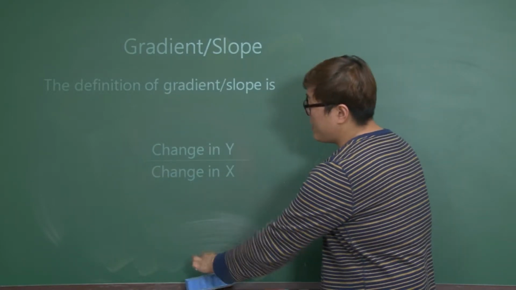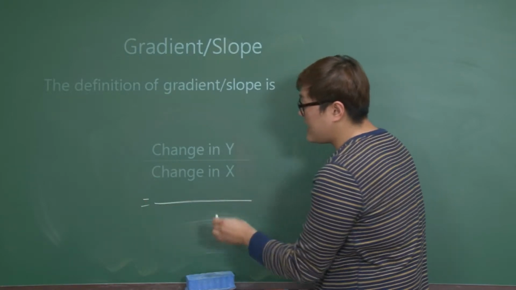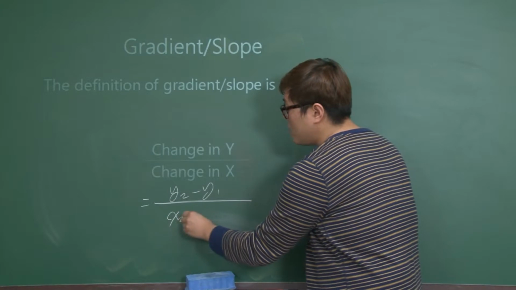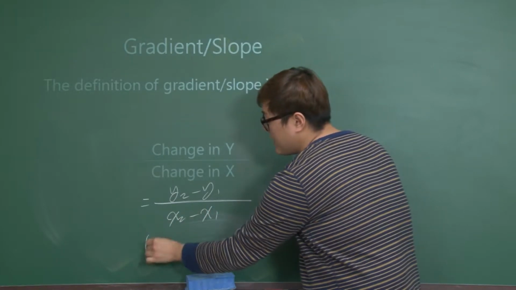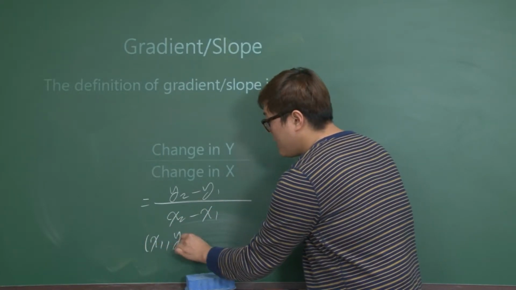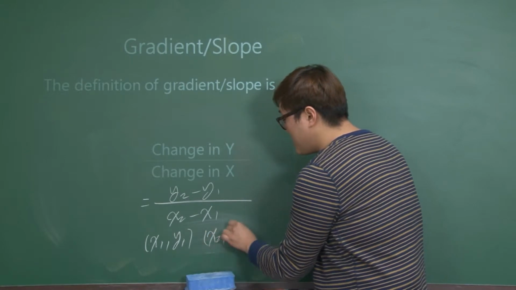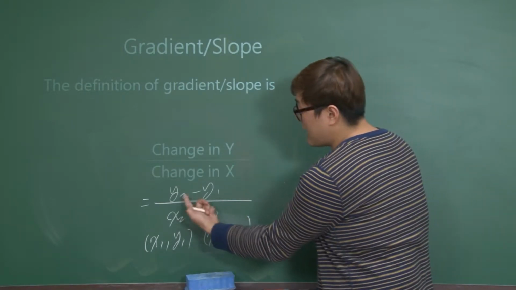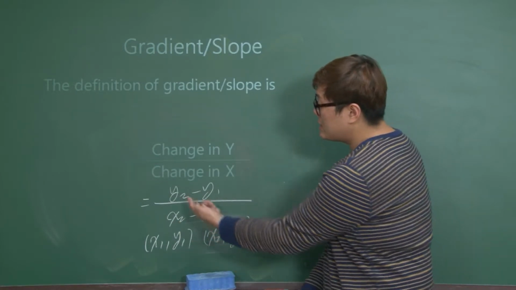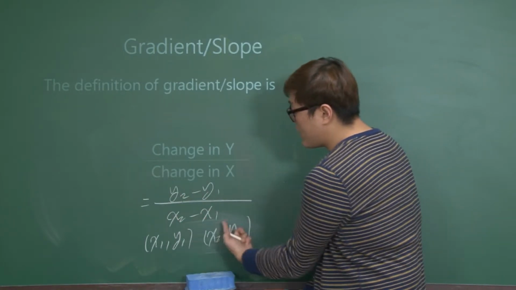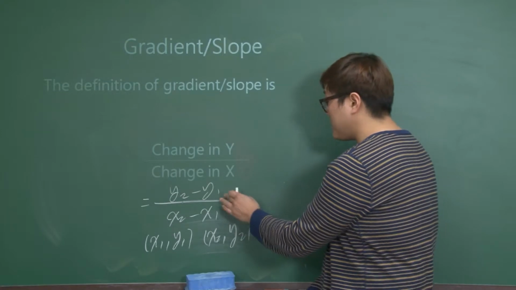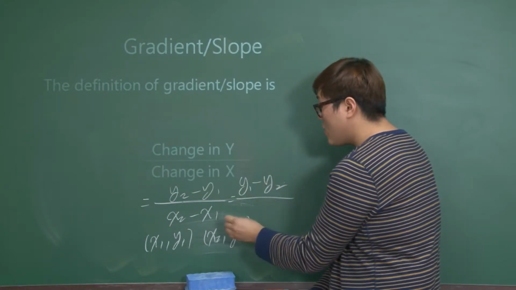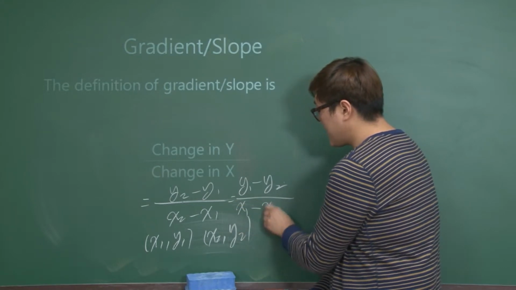Okay, or it could also be represented in this form: y2 minus y1 over x2 minus x1, if you're given x1, y1 and x2, y2. Be careful, they have to be in the same order, 2 to 1, 2 to 1. Or it could also be like this: y1 minus y2 over x1 minus x2.